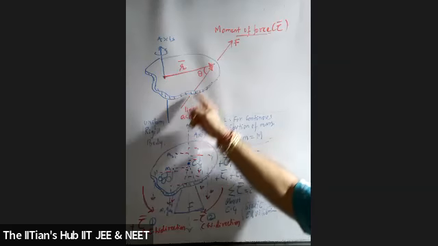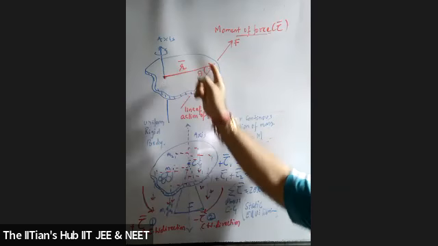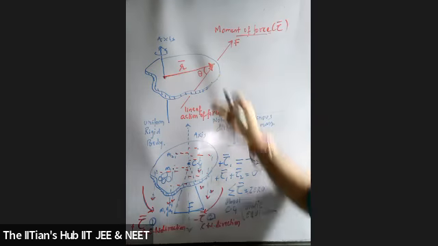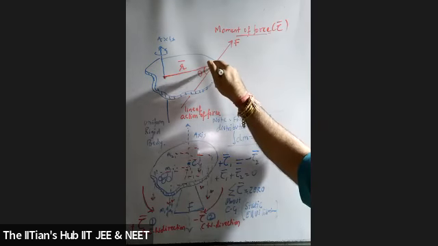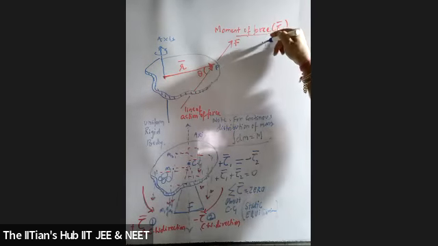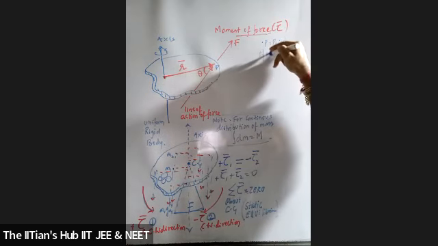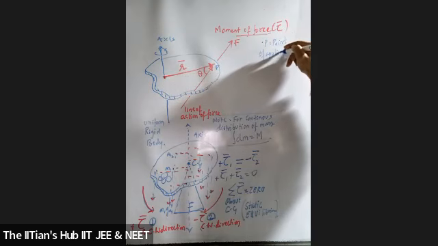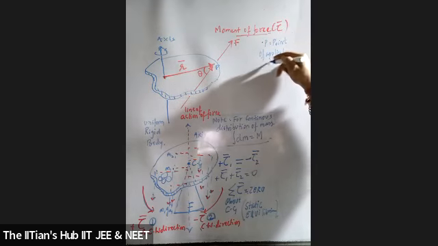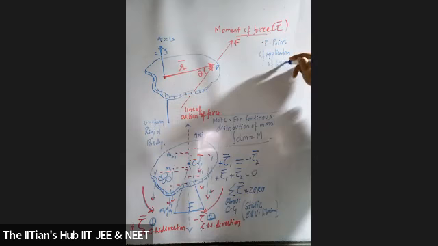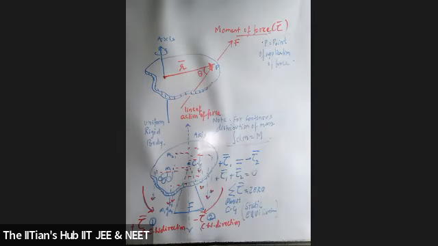Look at the line of action of force and the position vector, and this is point P, the point of application of force. Students, so will my torque be maximum or will it be less?